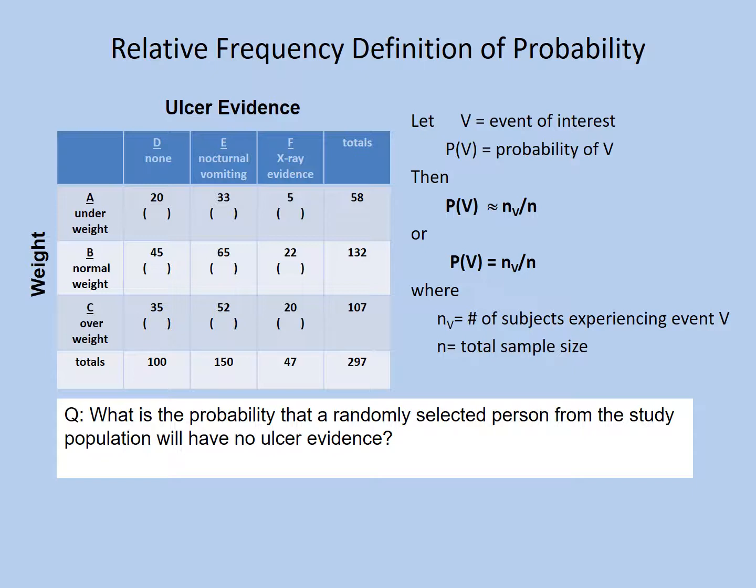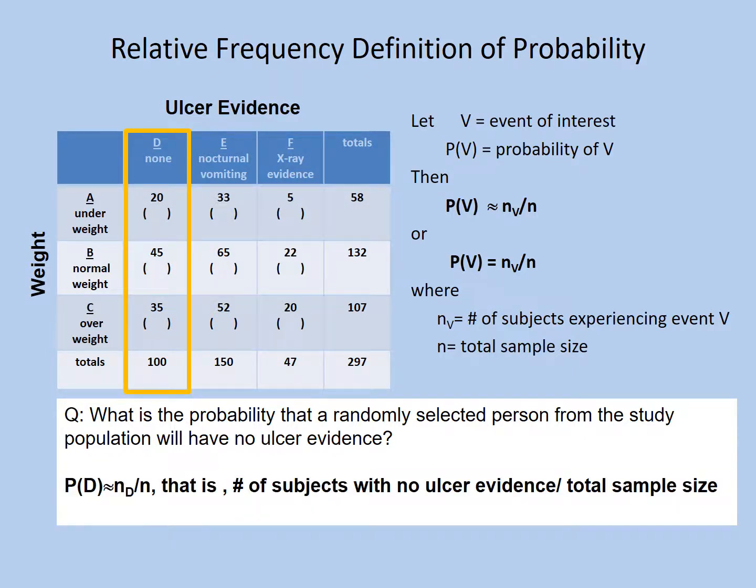So, based on the relative frequency definition of probability and the data, what is the probability that a randomly selected person from the study population will have no ulcer evidence? The question asks us to determine the probability of the event D having no ulcer evidence.